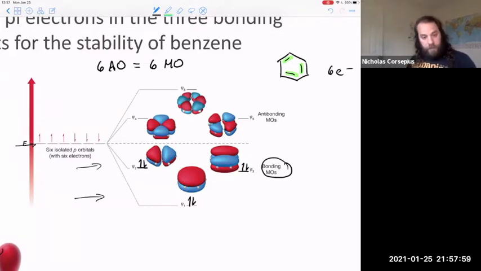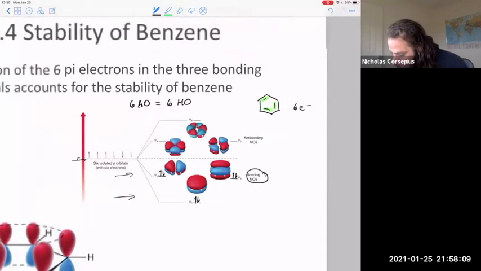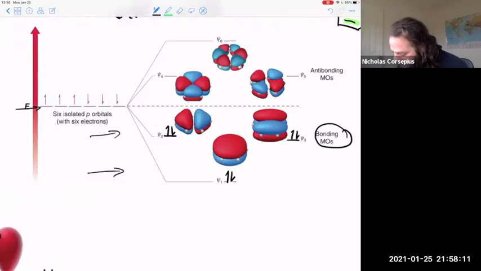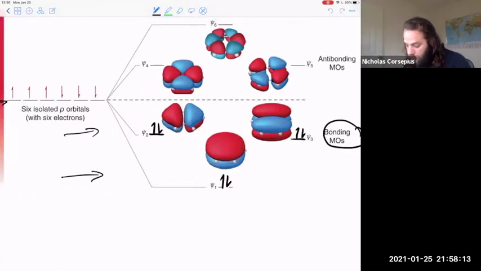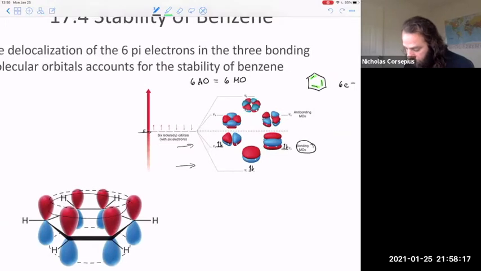So this is an explanation as to why these aromatic compounds are more stable, because they form these really stable molecular orbitals. And if you look at the shape here, it makes sense, especially the base one down here, the lowest energy. That's when all of those p orbitals are of the same phase, so those electrons can just zip around without any problem.